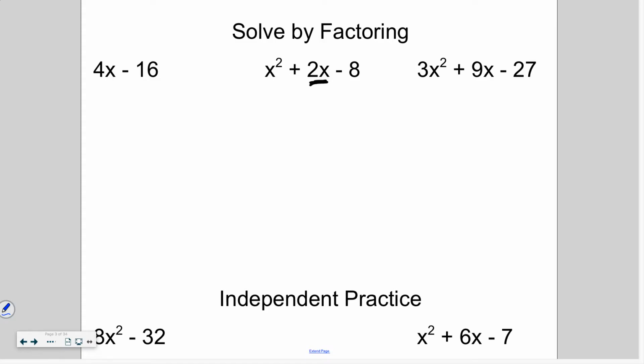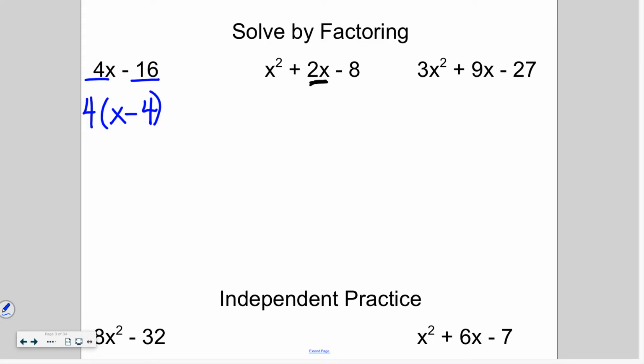So if I look at this, the 4 and the 16, what do they have in common? I could take a 4 out of both. So if I take out a 4, I'm left with x minus 4. Now, that is in the simplest form, so I can't go any further.